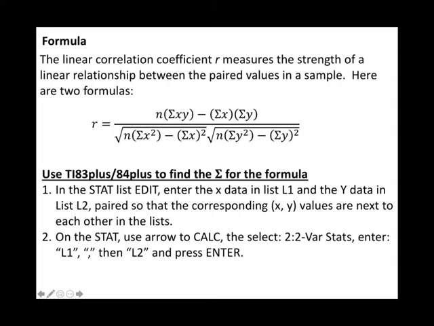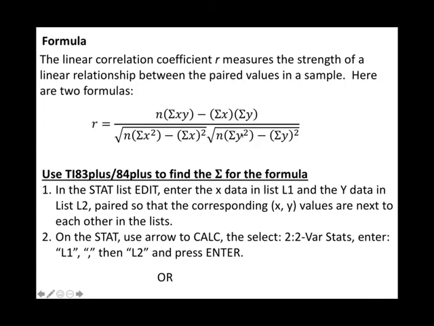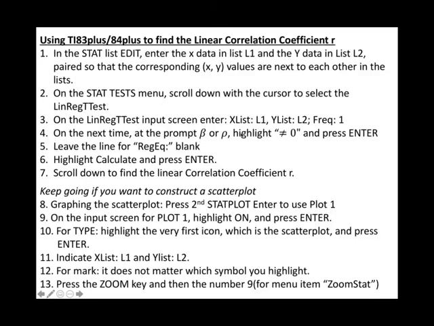So this is the instruction for how you use your calculator to find the summations for this formula. This is the first method to find your R. Second one, strictly using your calculator. And you need to know both methods. On the homework and also the final, I may ask you to use the formula to find the R. Or I may ask you to just use your calculator to find the R.